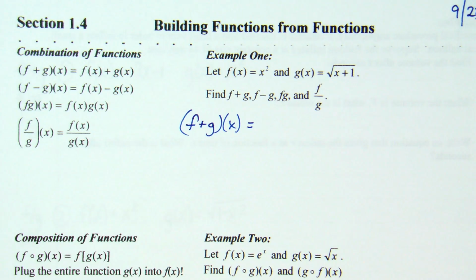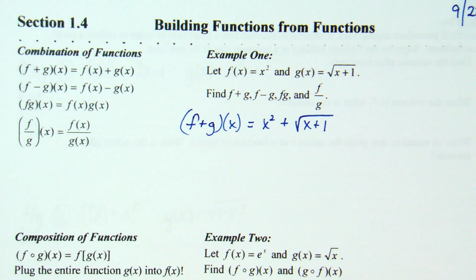So that means I'm going to be adding x squared plus square root of x plus 1. Can I clean that up any? That's an x squared and a square root. It goes as far as we can right there.